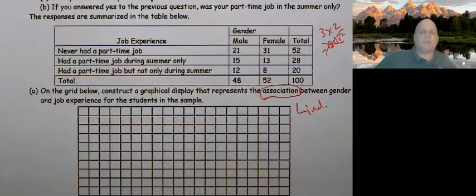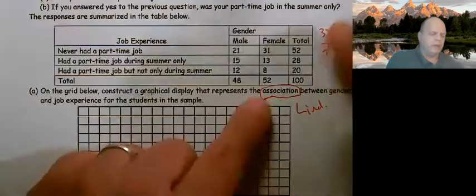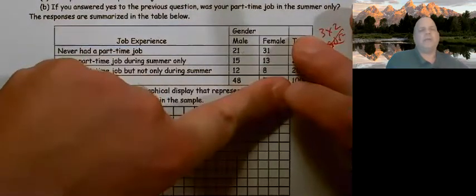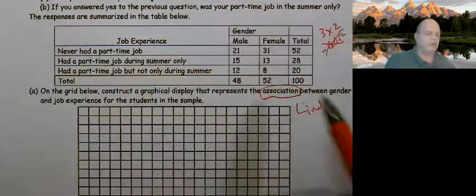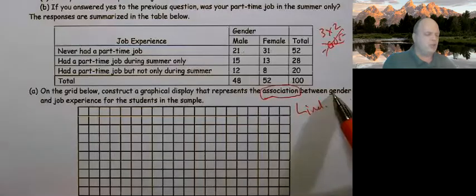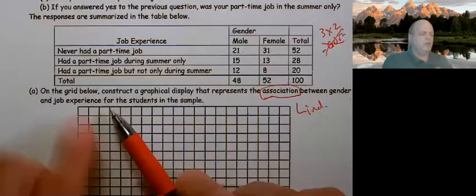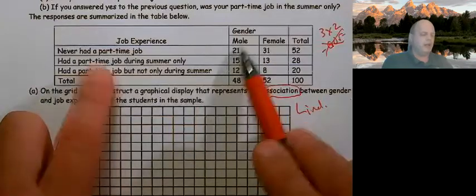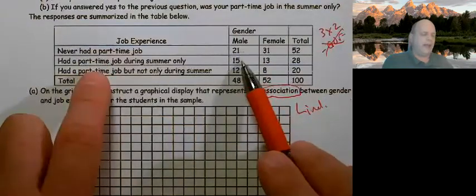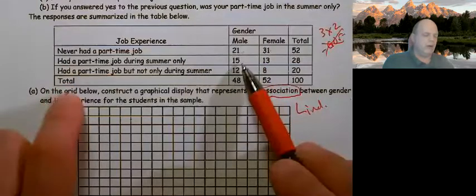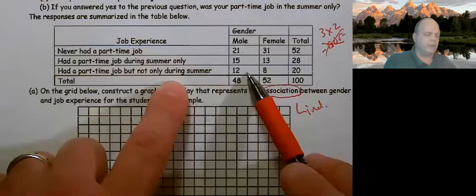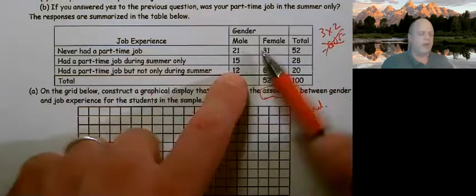But when I look at something like this, it's like, you know what? I could be comparing male and female. Read the question. Between gender and job experience. So I'm not looking at just one. It'd be gender and never, gender and had, sure, gender, or had a part-time job, but only during the summer, or not during the summer, or whatever.